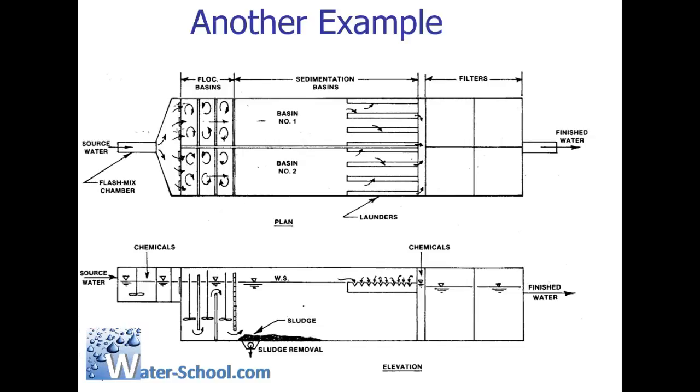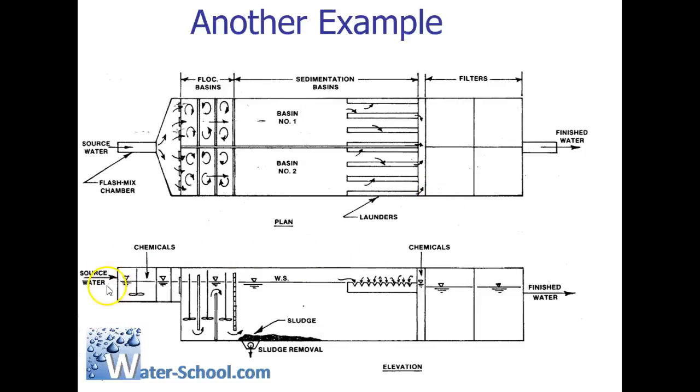So here we have a couple cutaways. Your source water comes in, you have your flash mix chamber, it's mixing it all up, your floc basins. We're getting that chemical working to change those ions so it's clumping together. It goes into the sedimentation basins, it settles down, and then it goes to our filters.